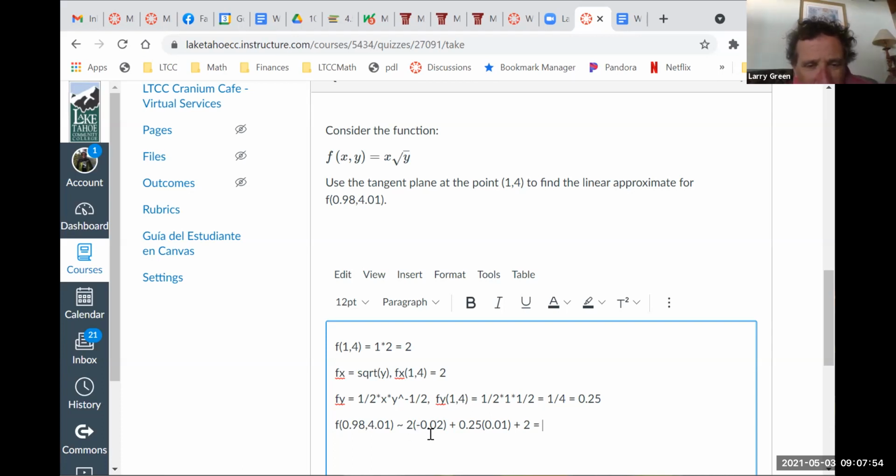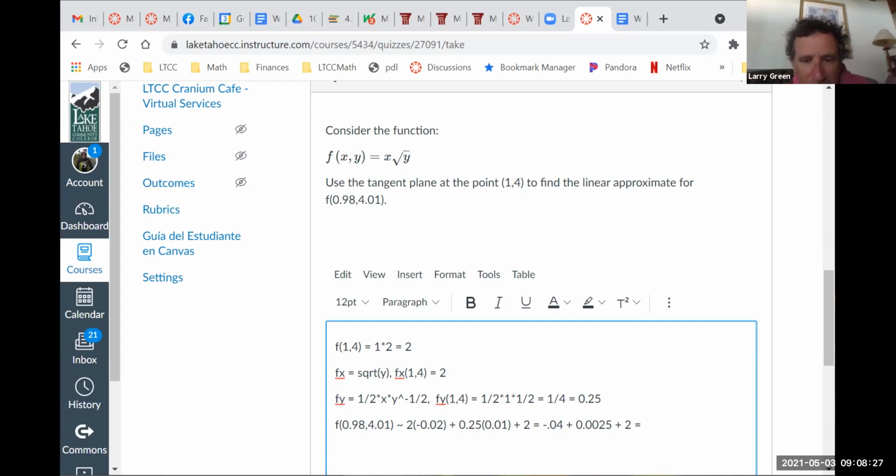2 times negative 0.02 is negative 0.04. Plus, multiplying by 0.01 moves the decimal twice: 0.0025 plus 2. And notice that negative 0.04 plus 0.0025 is negative 0.0375.